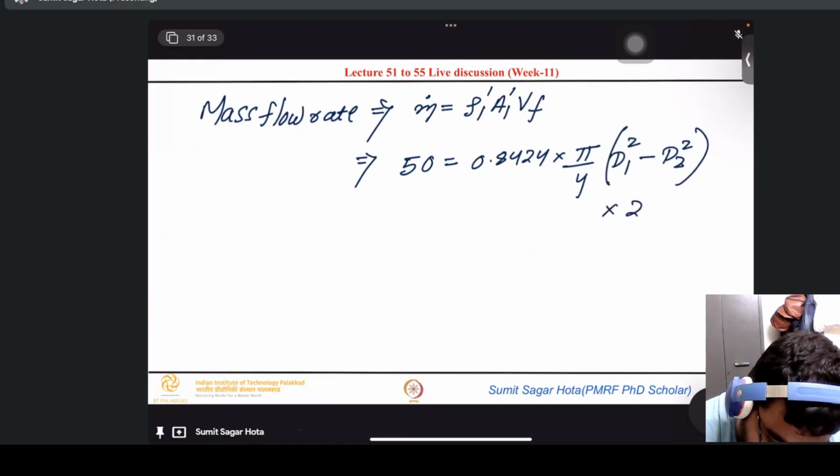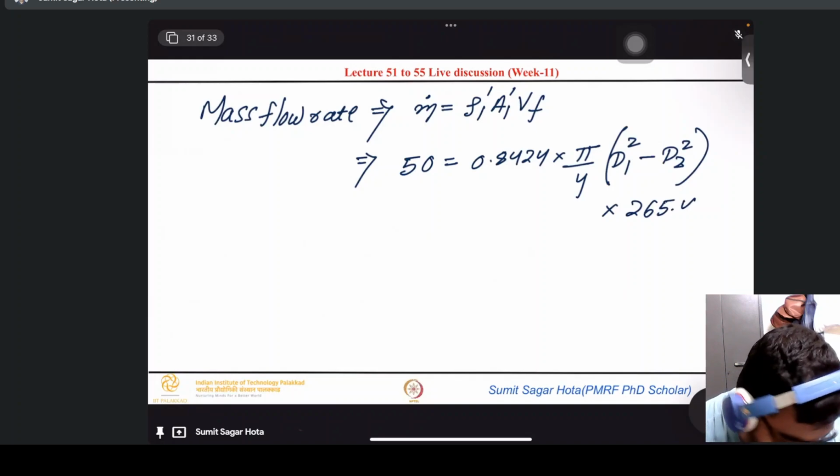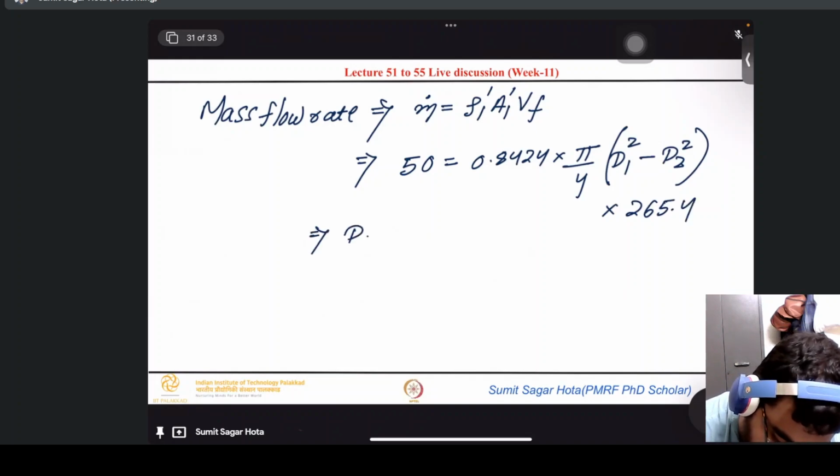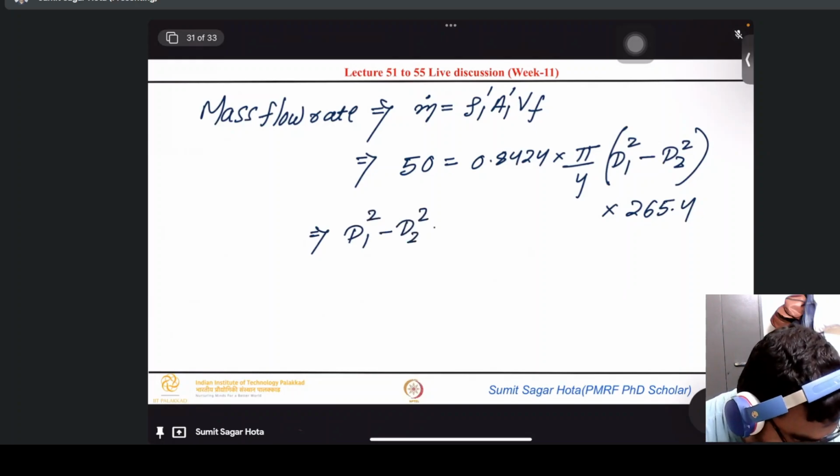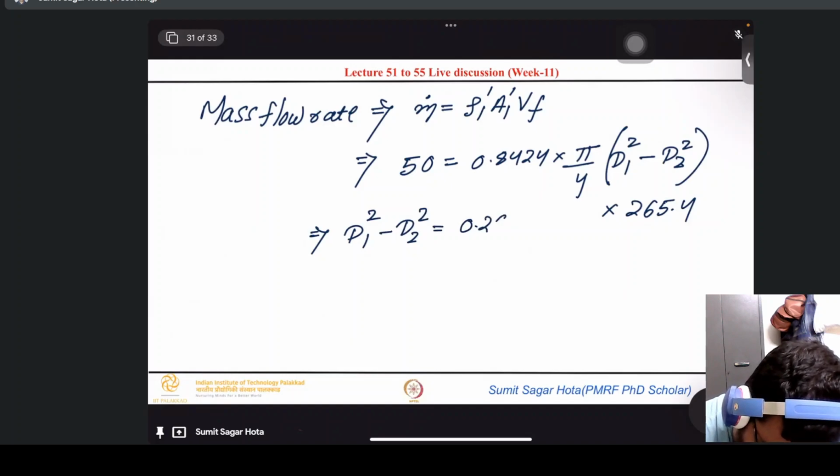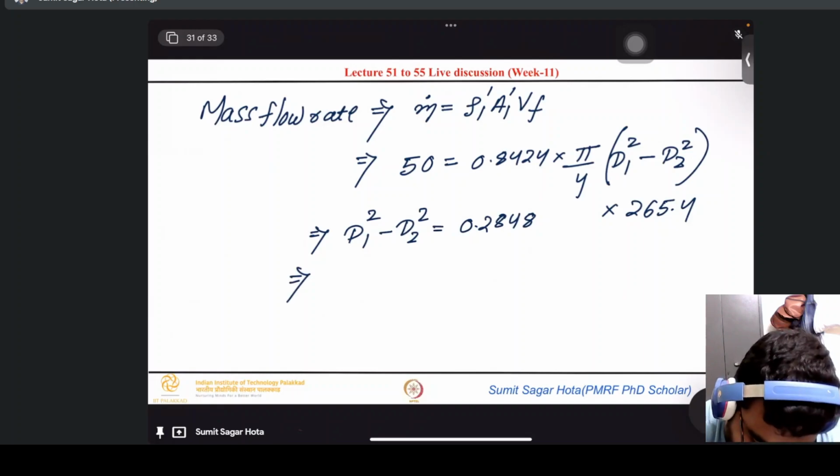What is BF? 265.4. So what is d1 squared minus d2 squared? 0.2848. If you solve it, you can just take the ratio.